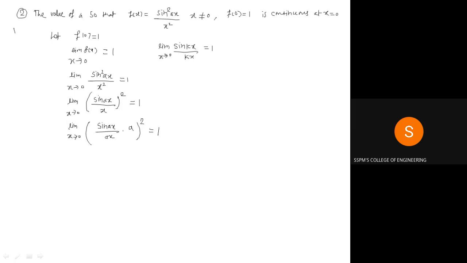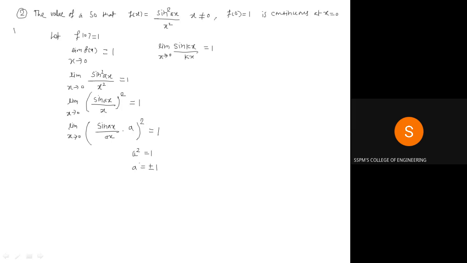When you apply the limit to this function as x tends to 0, it is 1. So we get only a square. So a square is equal to 1. A square is 1 means a is equal to plus or minus 1.